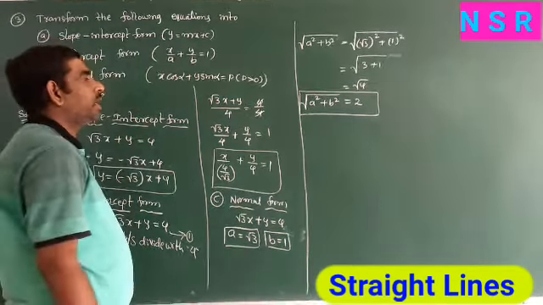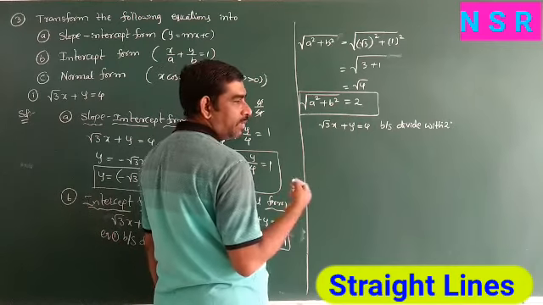After getting root a square plus b square, divide the equation by this value. So root 3x plus y equal to 4, divide both sides by 2.